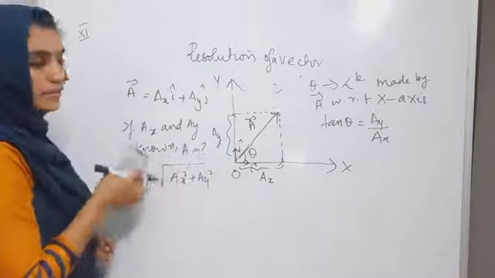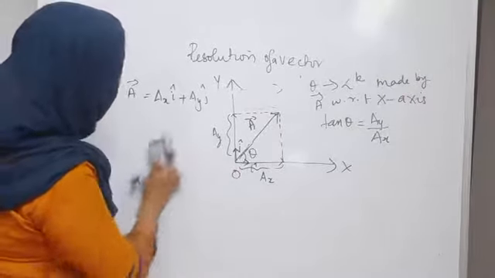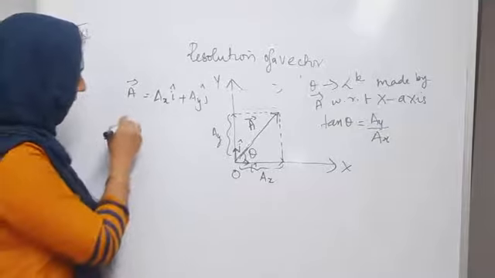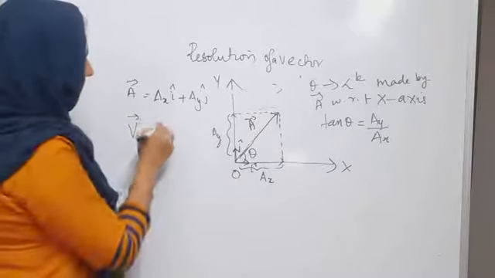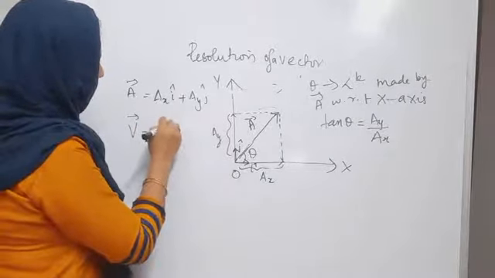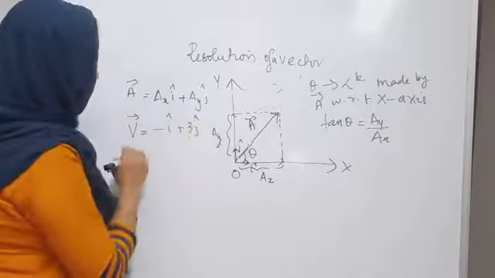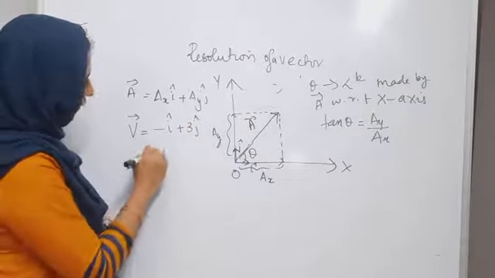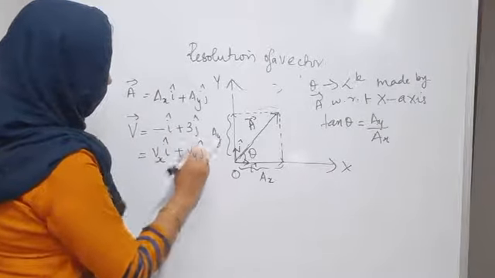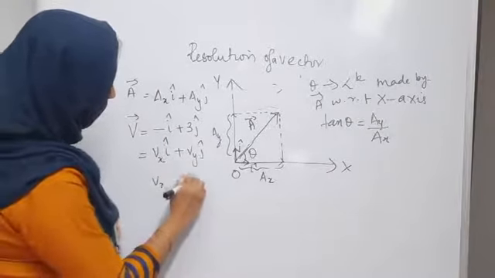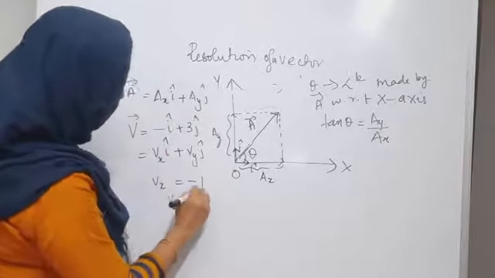That is why we discussed this in the case of position vectors. Suppose you have a velocity vector in this form: minus i cap plus 3 j cap. This is of the form Vx i cap plus Vy j cap. Now what are Vx and Vy? Vx is equal to minus 1, and Vy is equal to 3.